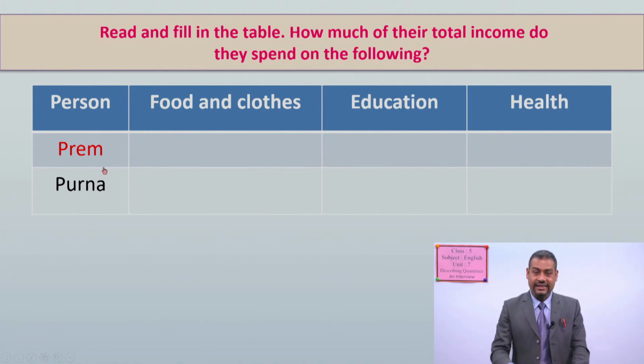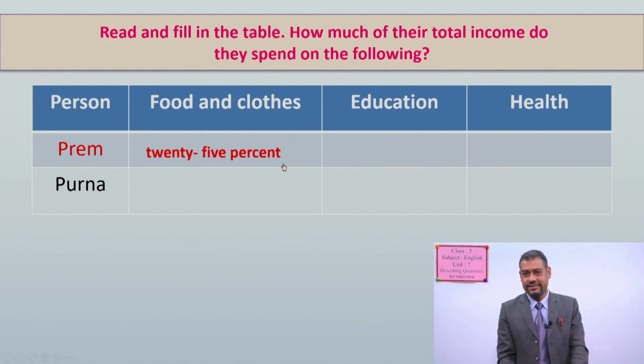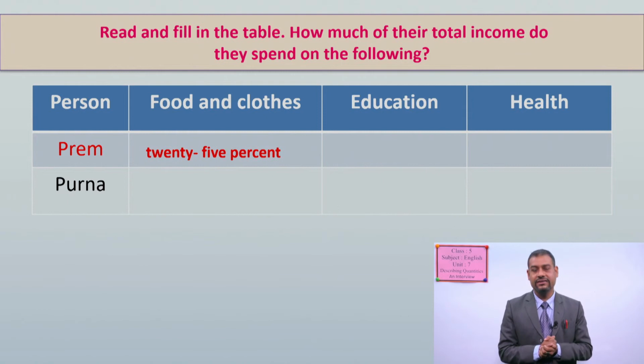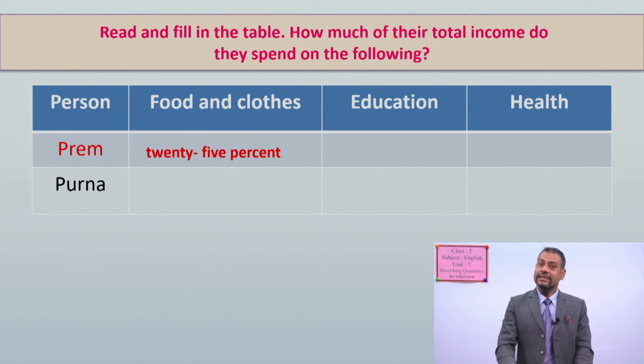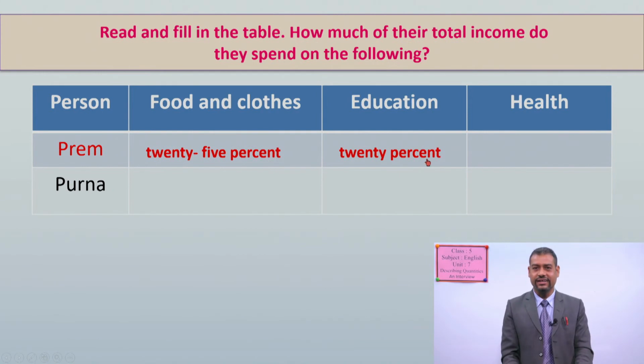Yes, that is 25%. He clearly says that he spends 25% on food and clothes because he has only two children, one daughter and one son. Okay, and education, how much of his income? Yes, that is 20%.